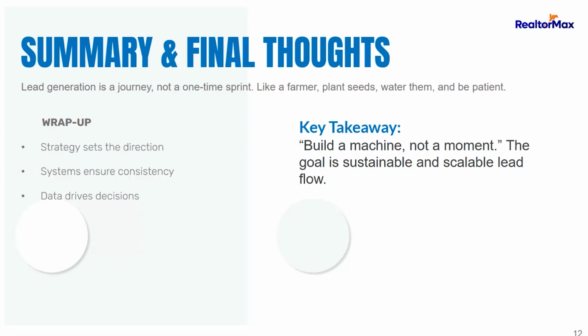Now, systems ensure consistency, which is why you need to set up these systems. When you set up the system, there is consistency because you are not just doing things as they come to your mind. No, you set up a way of doing things and you follow through daily and every day. So it's consistent.